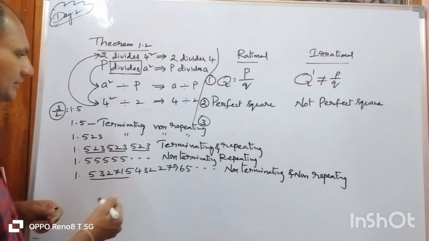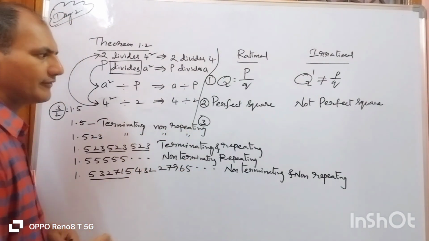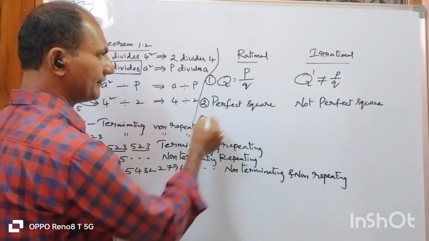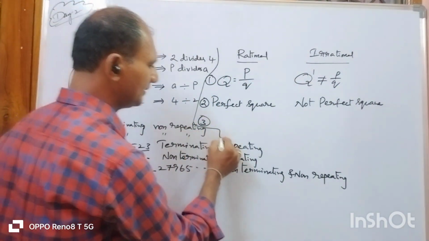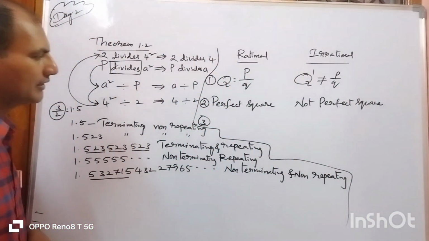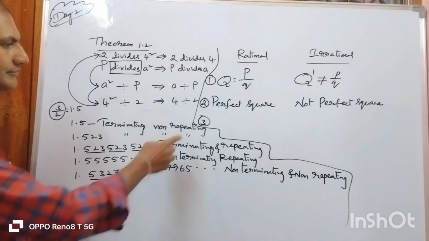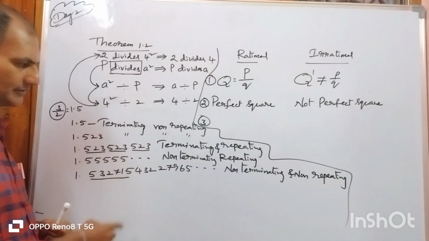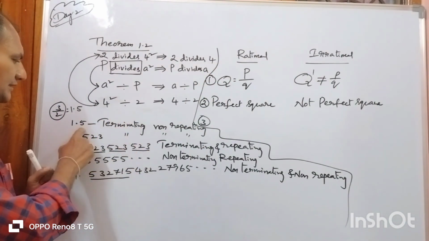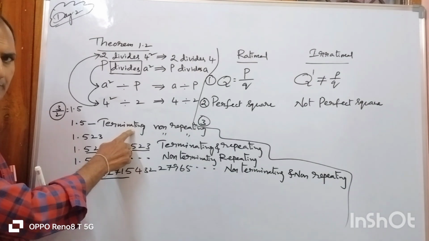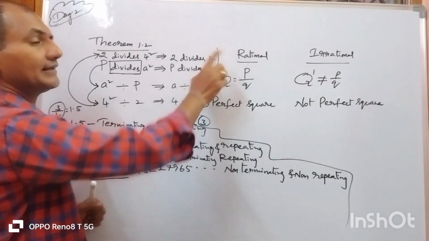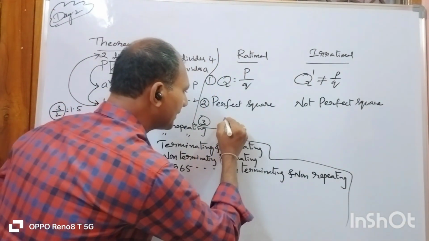Okay, four types. In these four types, we'll define another definition of rational and irrational numbers. See, what is that? Rational means those which are terminating. Those numbers are rational.